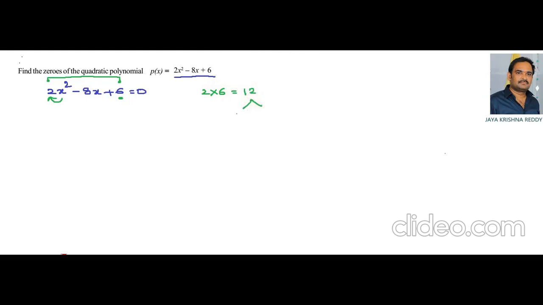So we can write 12 as 1 12s are 12, and 2 6s are 12, and 3 4s are 12. No need to write again 4 3s, 6 2s, and 12 1s. So from these pairs you have to check which pair is suitable. First take the first pair 1 and 12.